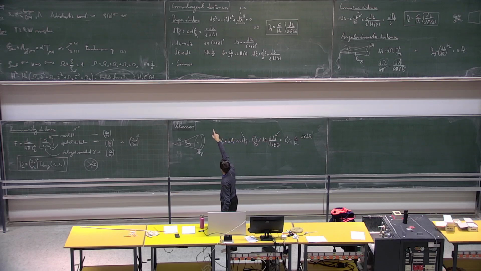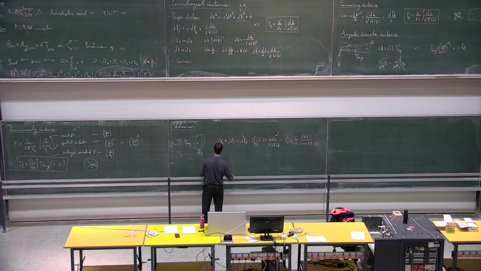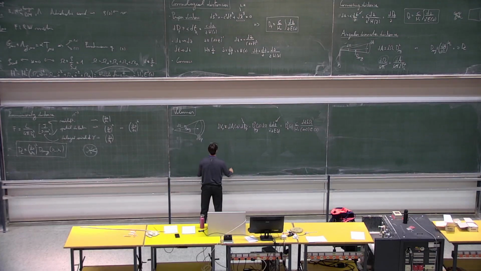You see, we have the relationship dA to transform everything in z. So I just plug it in here, and I get this expression: 1 plus z, E of a. That's proper.